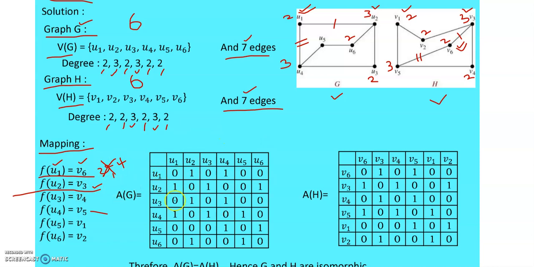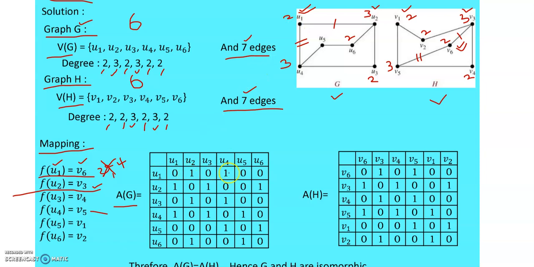Now we can make the adjacency matrix. Okay, first we see the adjacency matrix of the graph G. Now u1, u2, u3, u4. So write all the vertices in row and column. We know how to make the adjacency matrix. For example, for u1, what is the degree here? 2.